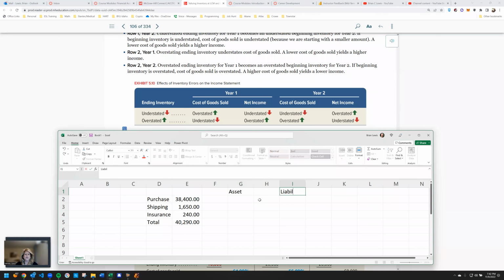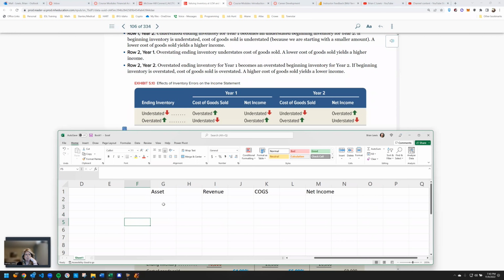I added $200 to the ending inventory and tried to work it out to see what it did. Then you have to go to the net income, but then it pulls you into year two, and it gets a little bit complicated. Yeah, this one always tends to be an issue for most students, including me. It is a brain teaser.